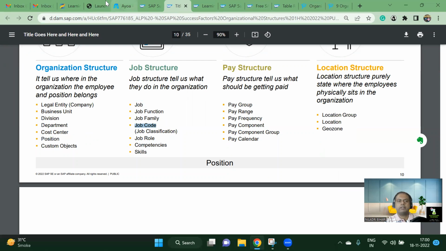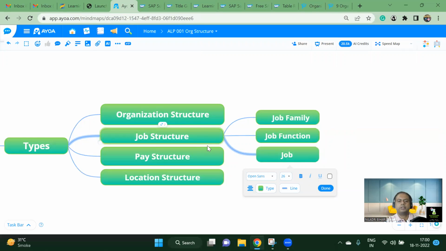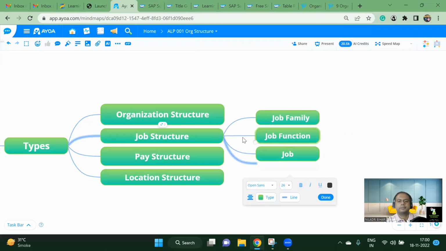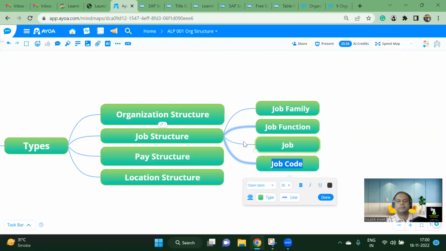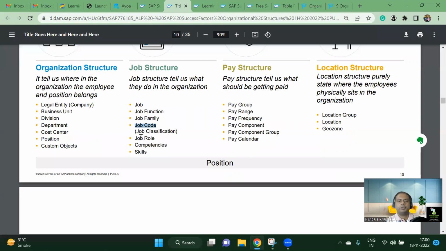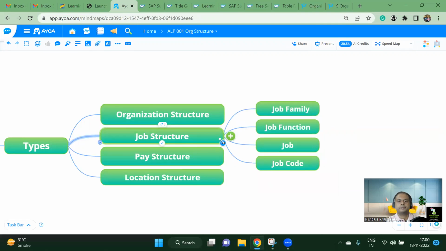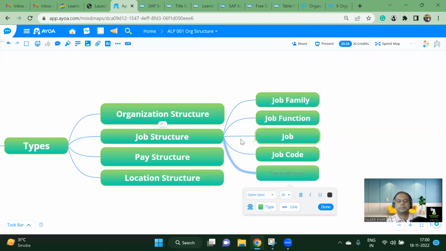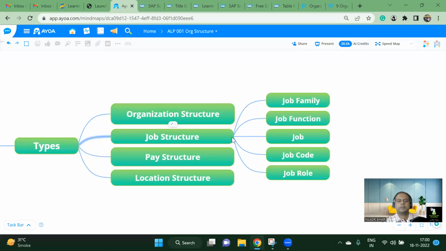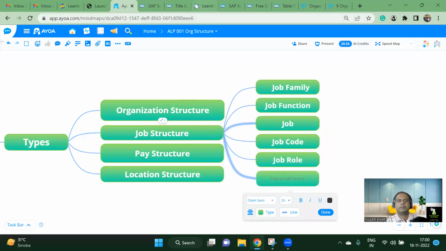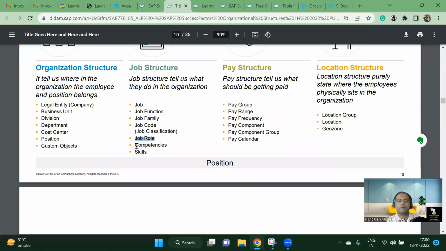Definitely every job will have a job code attached to it. Then we do have job role, competencies, and skills.